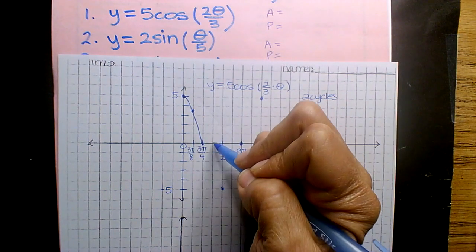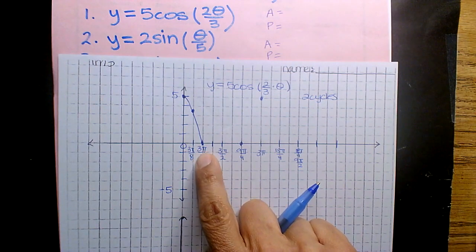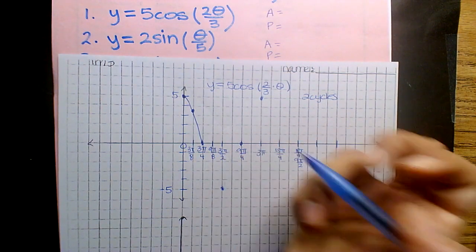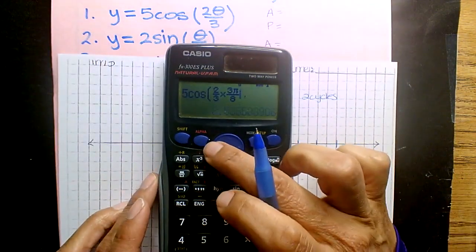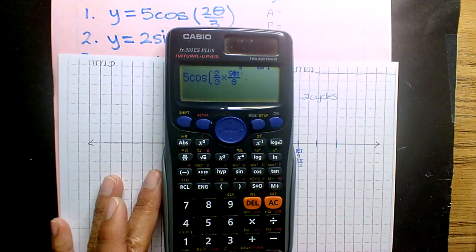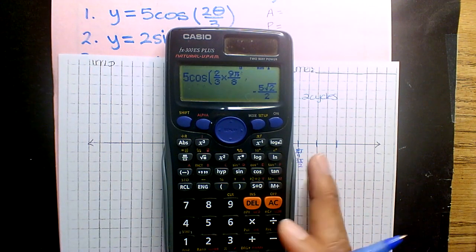So if this is 3 pi over 8, this is 6 pi over 8, so this is 9 pi over 8. And if I wanted to type that in, it's not a bad idea to start getting comfortable with your fractions. That's really what pre-cal and all of this does for you.